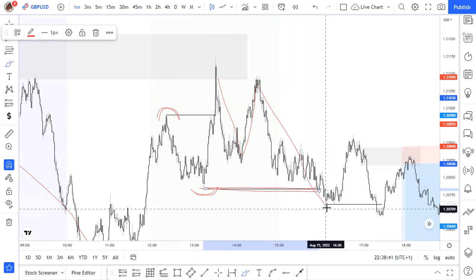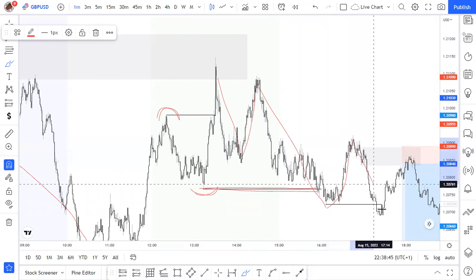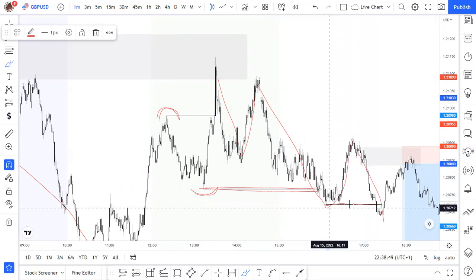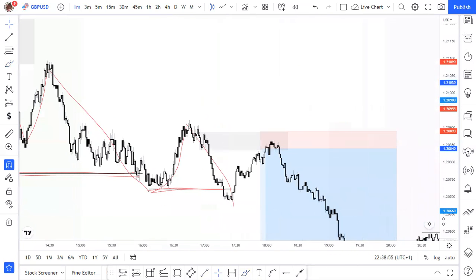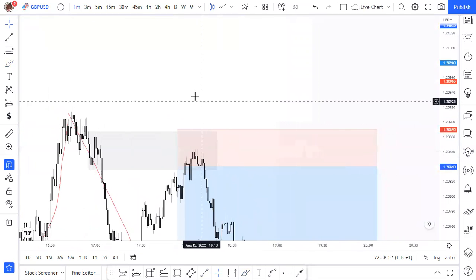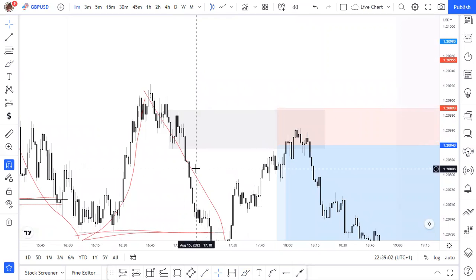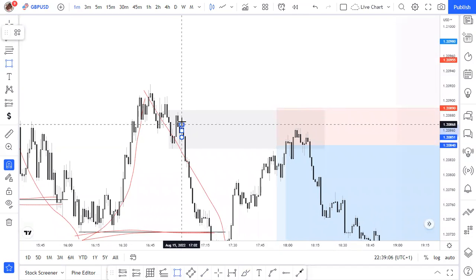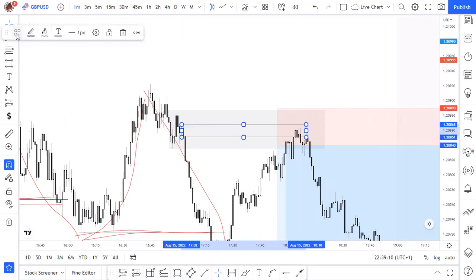Now I need to see price pull back into the range, respect the range, and then push out to make a new lower low, which is what we got here. So I was like, okay, where should I take my entry? I had multiple engulfed candles. What I normally do when I have many engulfed candles, like this particular candle here, is look at this candle as my potential entry.